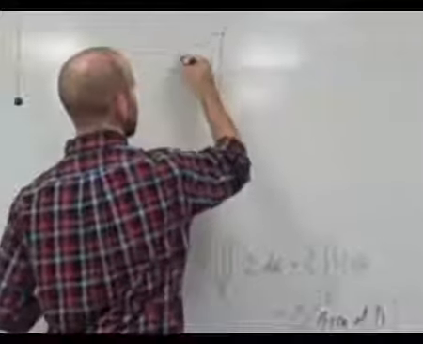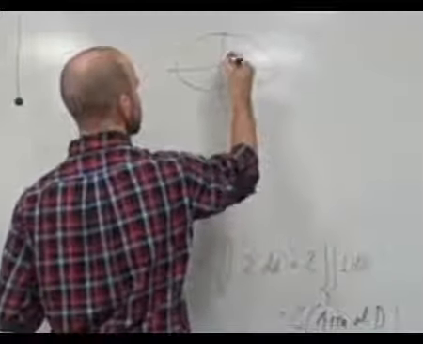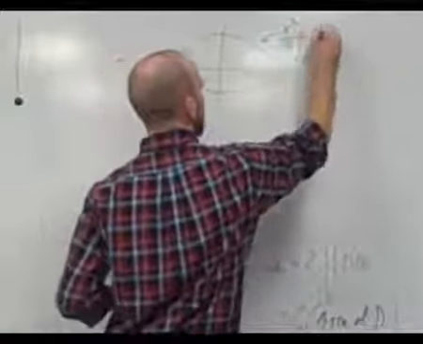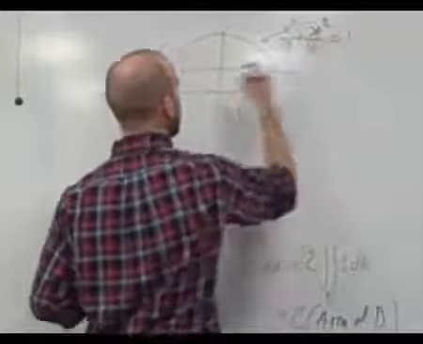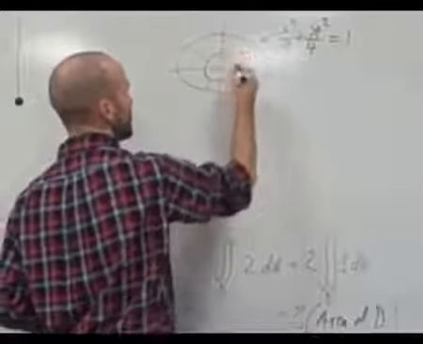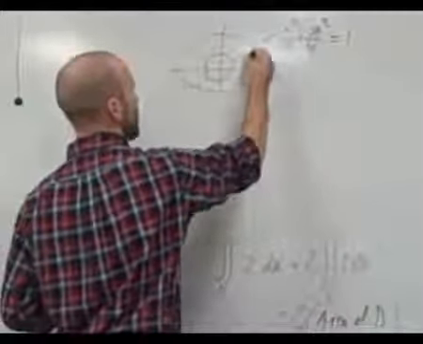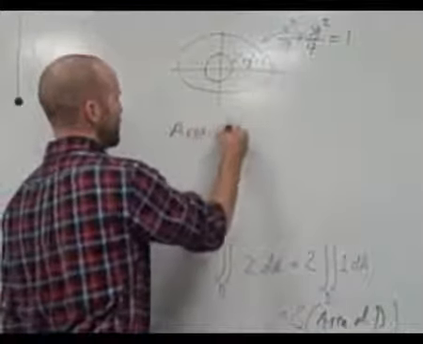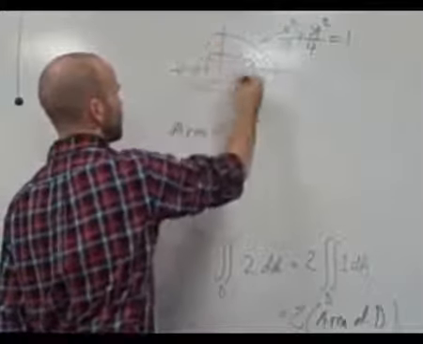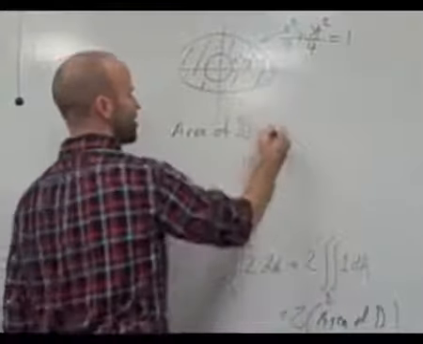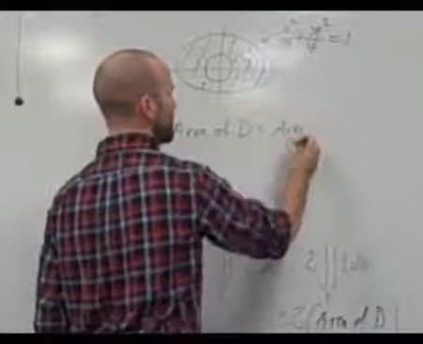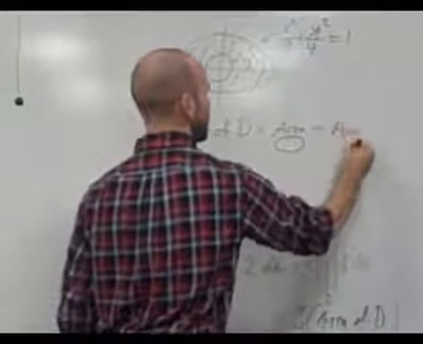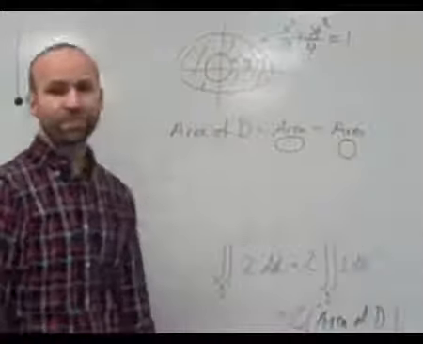Again, my region is the region inside the ellipse, which was x squared over 9 plus y squared over 4 equals 1, and outside the circle, which was x squared plus y squared equals 1. The area of this region would be the area of the ellipse minus the area of the circle, right?